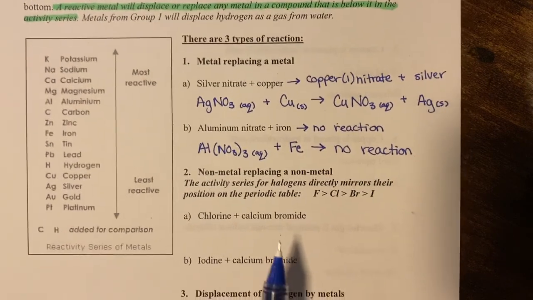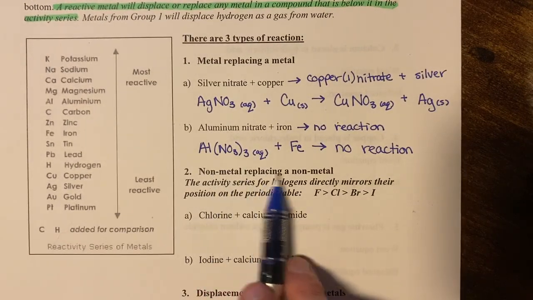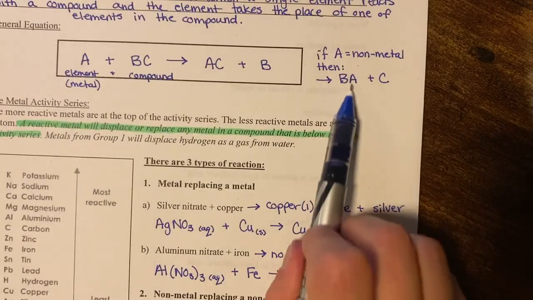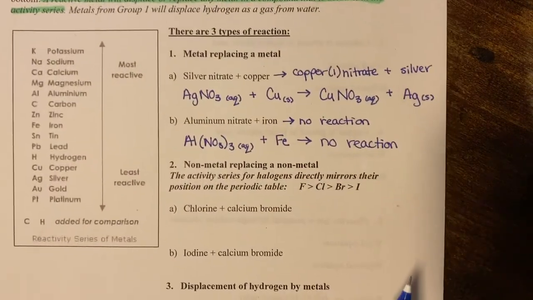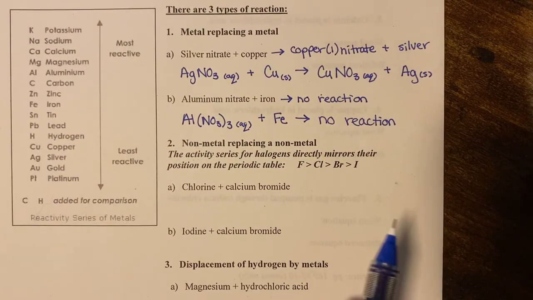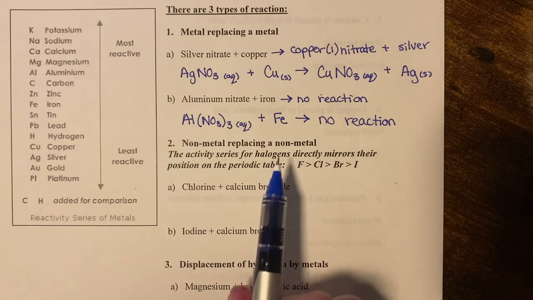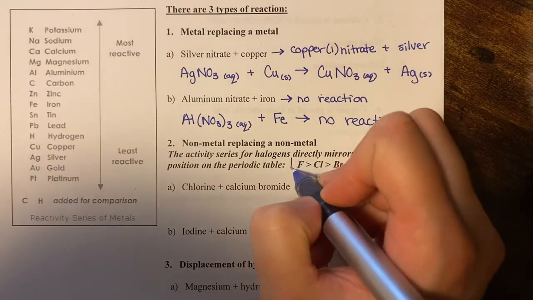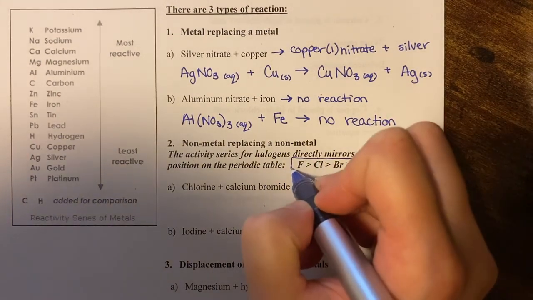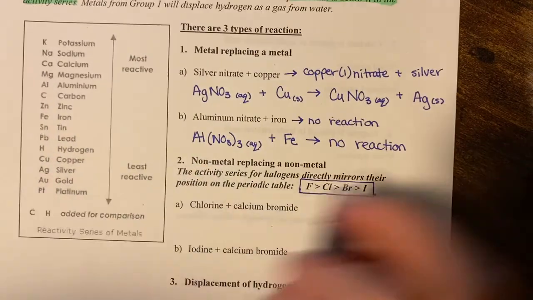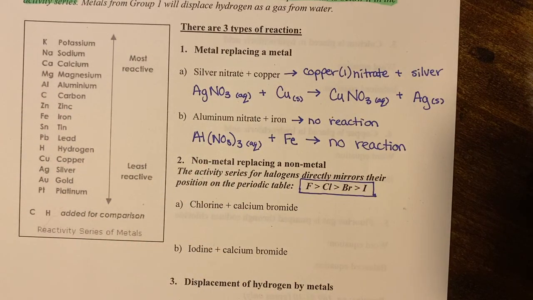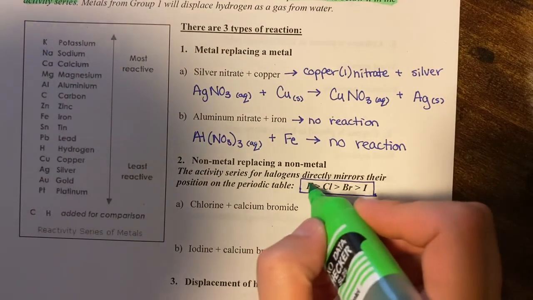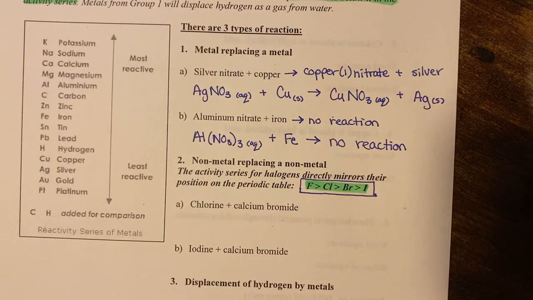The second type is when a nonmetal replaces a nonmetal. So this is more like this case over here in terms of a general formula. And the activity series that we use for nonmetals is here. So it's basically the order that it appears on the periodic table. So these are your halogens: fluorine, chlorine, bromine, iodine.